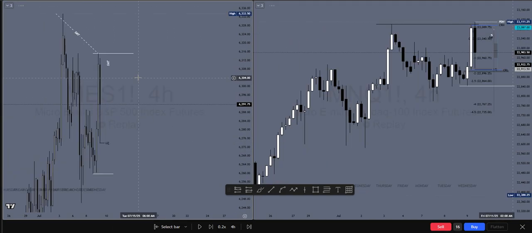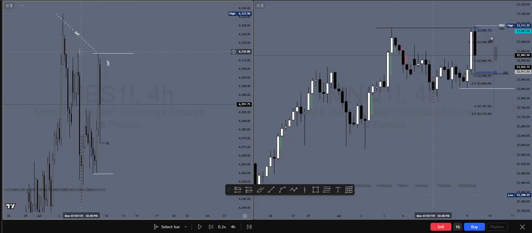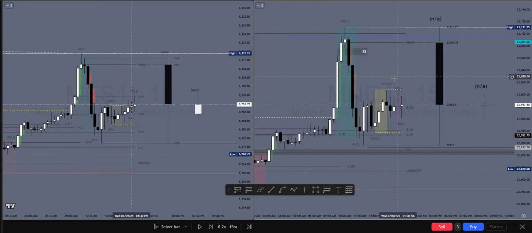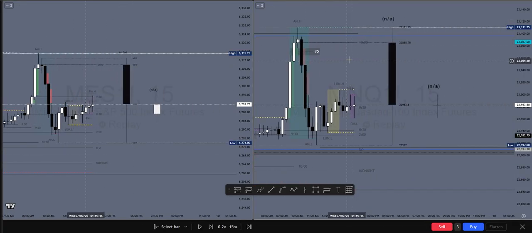ES didn't sweep our key level, so this trade that I would show you would be invalid on ES. On NQ, just think of it as high time frame support and resistance levels, if you understand that.